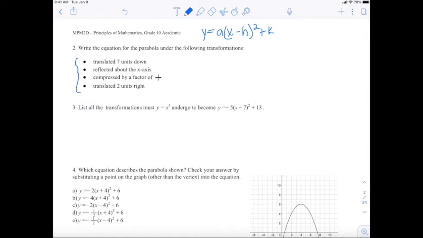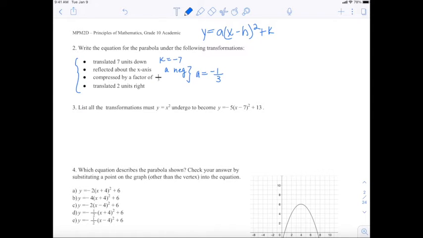So for example, if this is translated 7 units down, I know that k should be -7. If it's reflected about the x-axis, I know that a has to be a negative number. If it's compressed by a factor of 1/3, and I know a is negative, with both those pieces of info, I can conclude that a is -1/3.